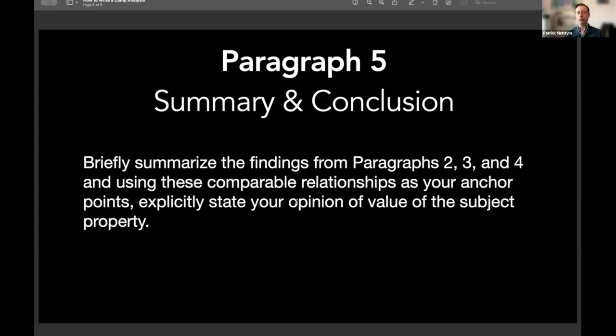But I think it's important to lay that out and say, therefore, the value of the subject property would be X, and that was justified for these reasons I just said. Exactly. And in reading the previous 4 paragraphs, the reader knows exactly how you as the appraiser arrived there and what you're using to support it. And if you've done your job well, they're like, oh yeah, that's absolutely right.